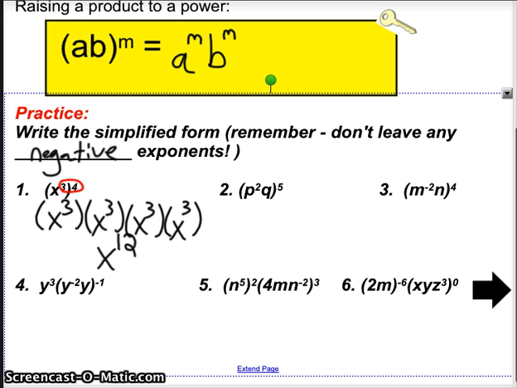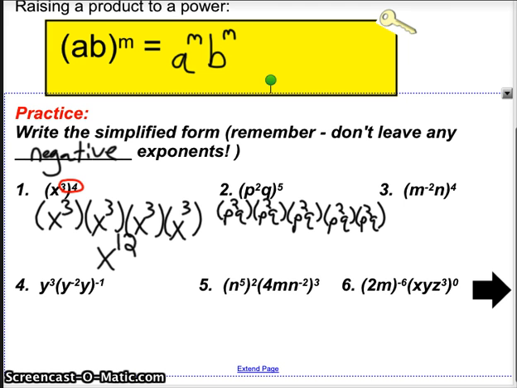What about our next one? P squared q to the 5th power. Again, you could easily write that out: P squared q, P squared q, P squared q, P squared q, P squared q. You could write that out and add up the powers that you see.